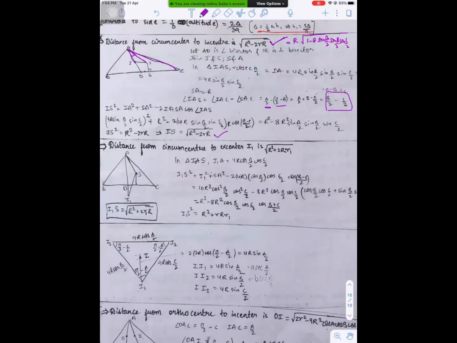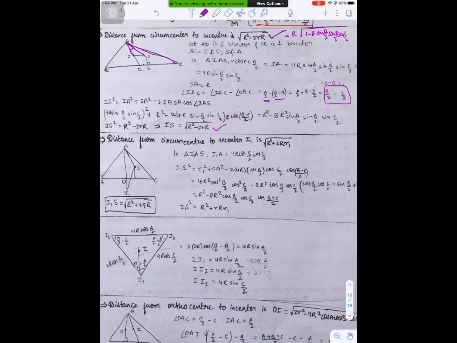Next, similarly, the distance from circumcenter to excenter. If you take it, you will get R square plus 2RR1. The result is similar because the angle is the same, B minus C by 2.